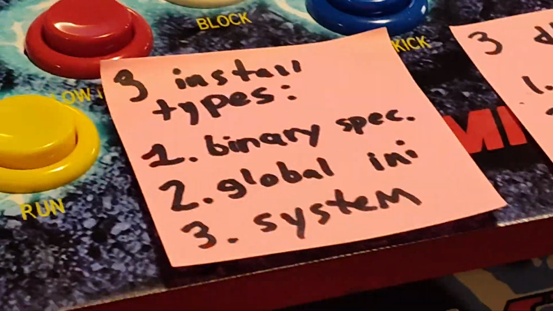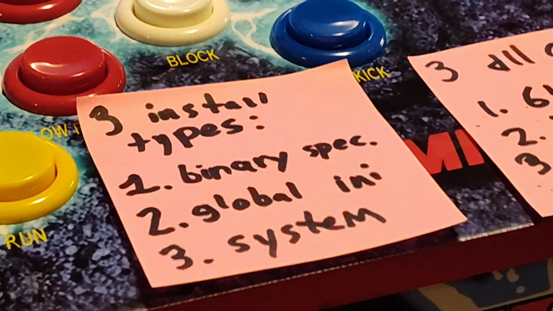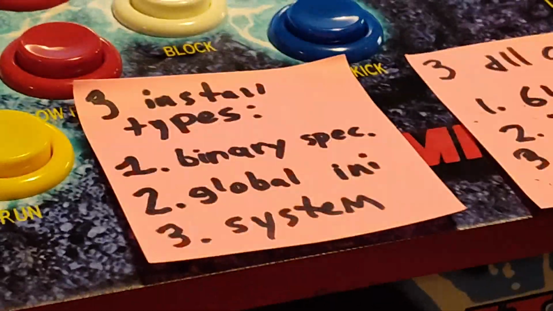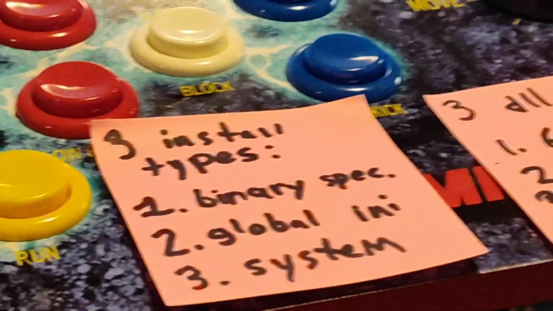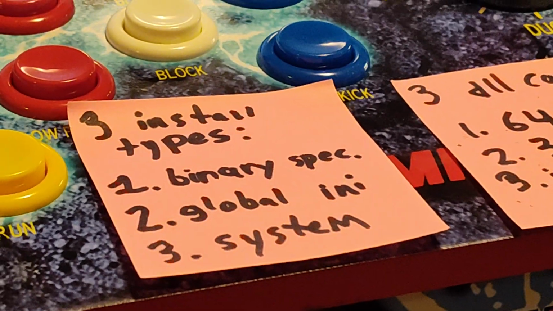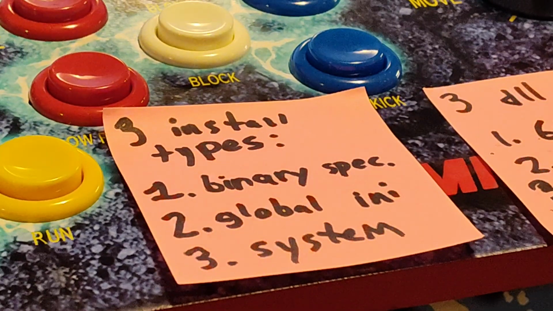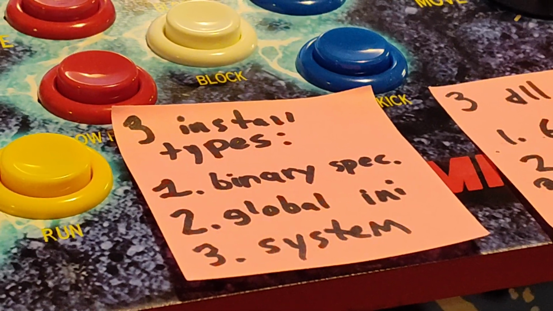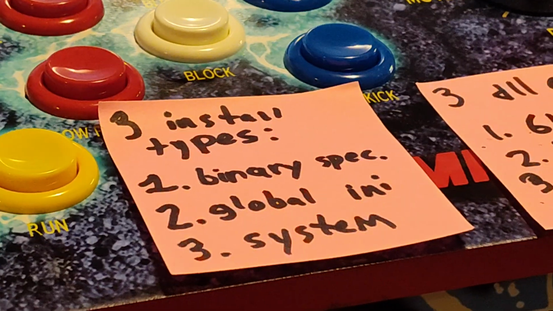Okay, so I mentioned the few different ways to install these. What you're seeing is the binary specific, but you can also put binary specific DLLs and then define one global ini file, and that will be in the hidden ProgramData folder on your C drive, I believe.